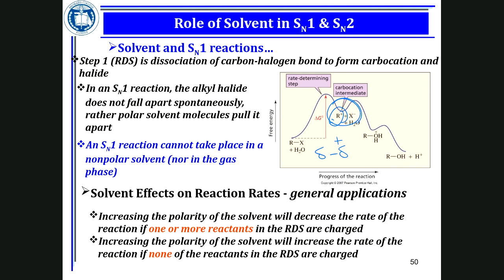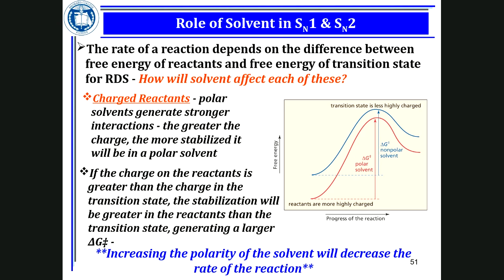Then the minus side of the solvent can help to stabilize the carbocation. That's why polar protic solvents especially are good for Sn1. If it's a non-polar solvent, you're not going to get that. So the solvent for Sn1 must be polar.